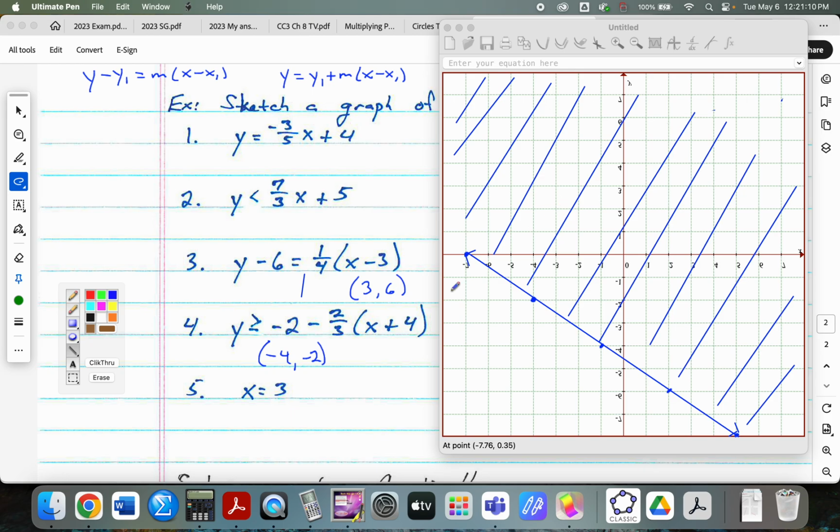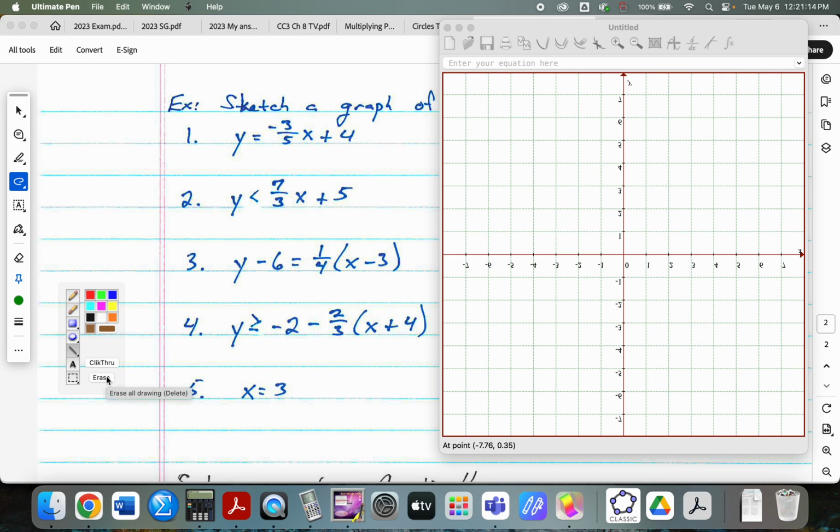All right, then x equals 3. Well, that's just a line that goes through the x-axis at +3, and it never goes through the y-axis. So it's got to be this. Which, when you think about it, totally makes sense.